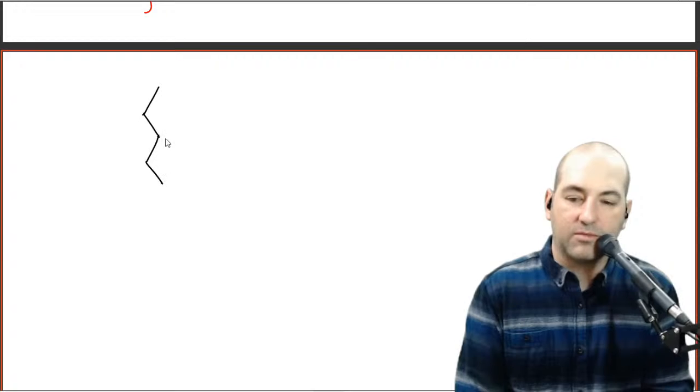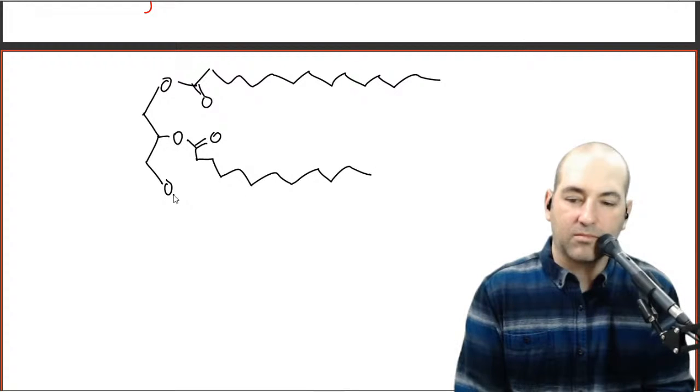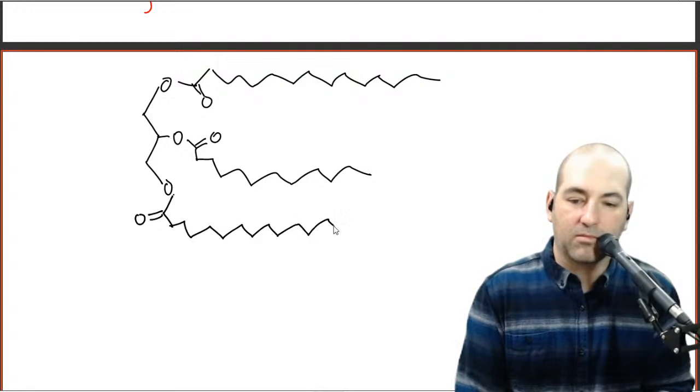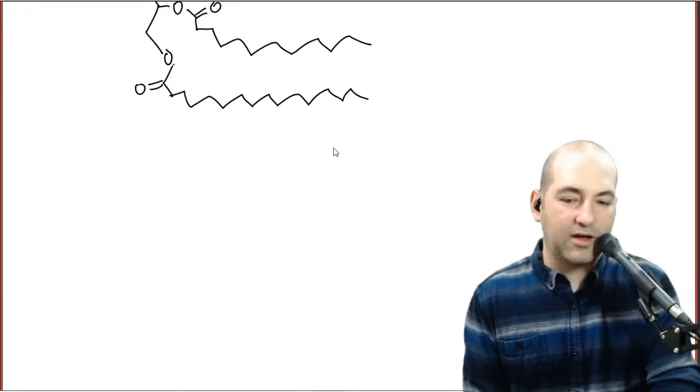Don't be too scared. It's kind of a big molecule here. And it's going to have these fatty acid chains connected to it that are really long molecules. So this would be an example of a triglyceride.